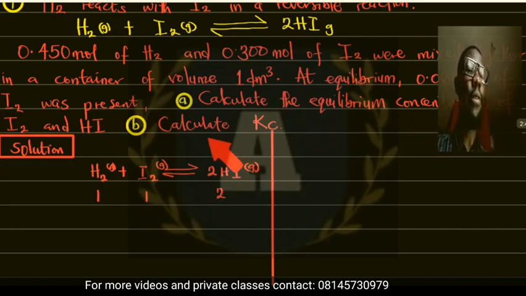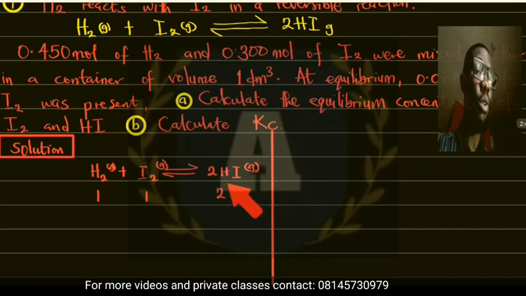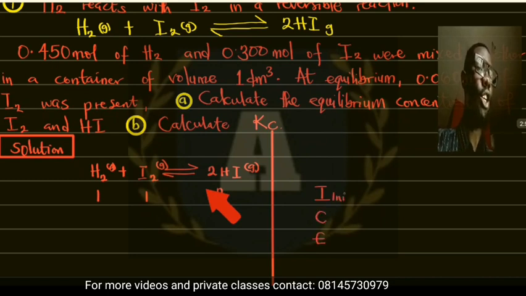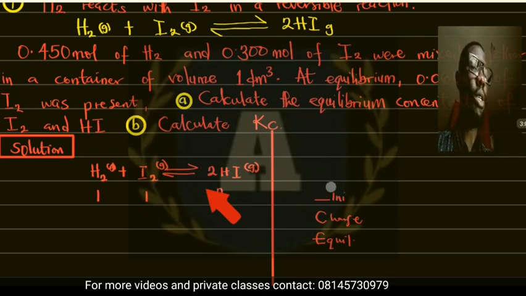Now very important, to solve a question that has to do with equilibrium quantity, we make use of this format: ICE. I stands for the initial mole, C stands for change, while E stands for the equilibrium mole. So ICE is what we're going to work with to solve intelligently.